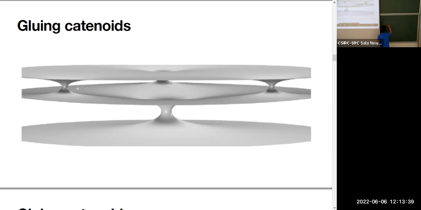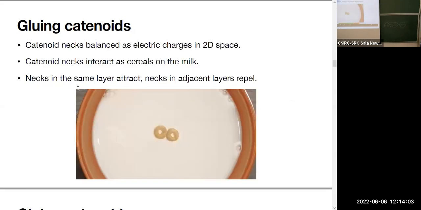So this is my first one. So I glue 3 nodes between the upper one and the middle one, and another one between them. So that's the gluing pattern.